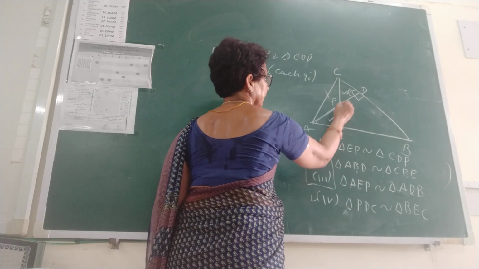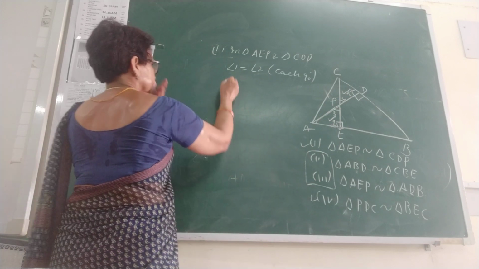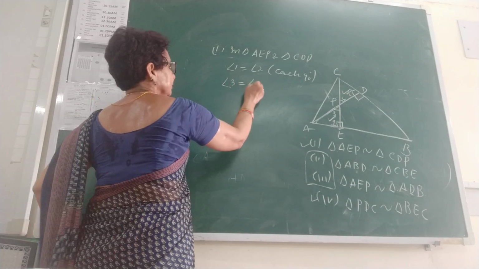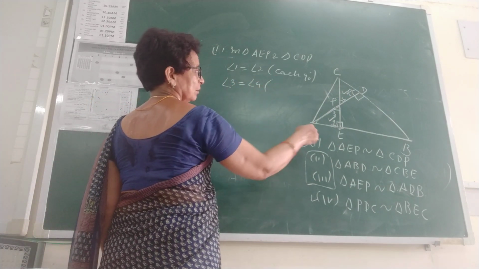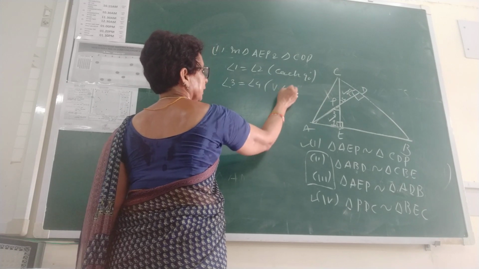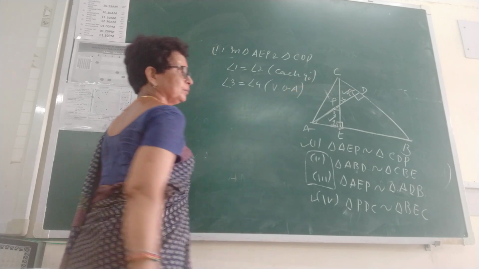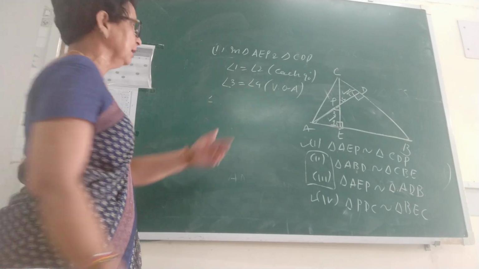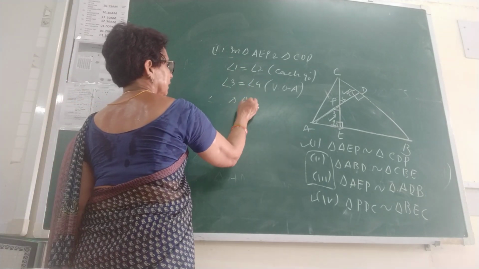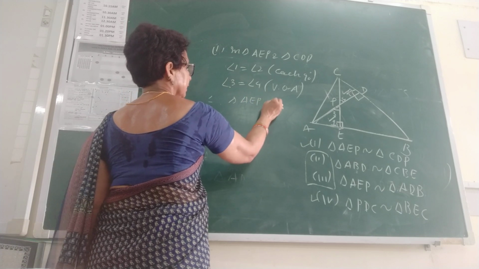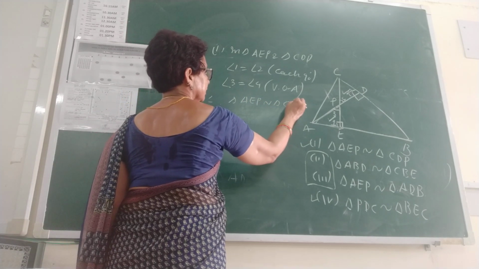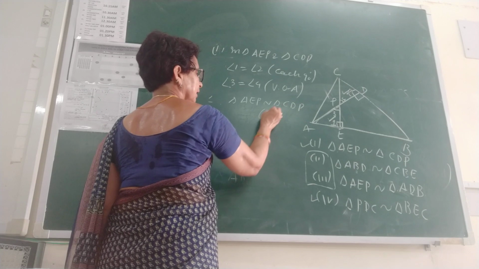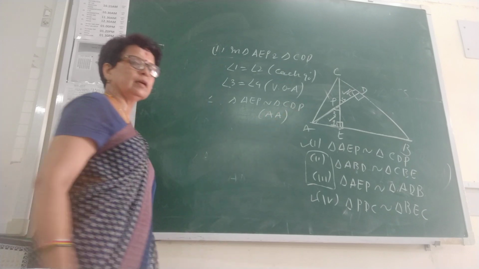Angle 3 equals angle 4, these are vertically opposite angles. The two angles are equal. Therefore, triangle AEP is similar to triangle CDP. By what? Here, double A criteria.